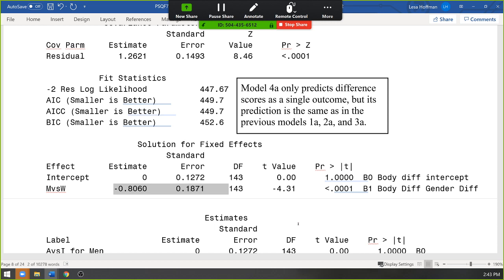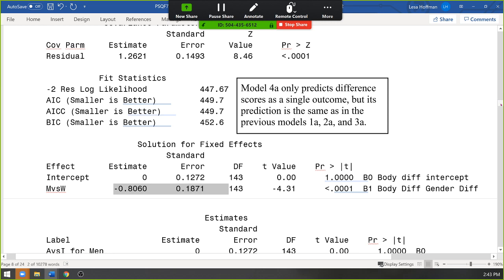It could result because men and women were actually about the same size, but they differed in what they thought ideal should be, or some combination of both, right? So the problem with difference scores isn't mathematical. It's interpretive, it's conceptual.